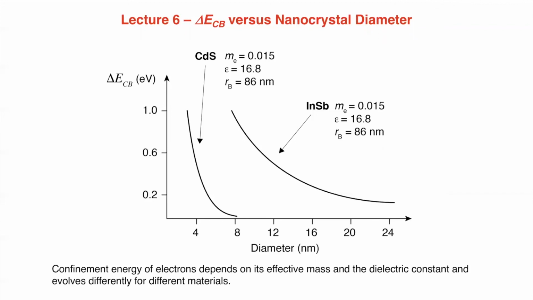Relatively large pieces of indium antimonide still display confinement characteristics. And that's all about this effective mass of the carrier, how spread out they are and how well the two charges are screened from one another. Okay, so these curves tell you that the importance of quantum confinement is material dependent for reasons that we have been discussing at length.